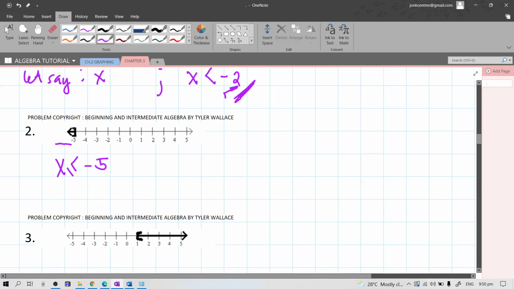And since this is bracket, this is less than or equal to. And this is a number, so any number here going to this side. So that is x is less than or equal to negative 5.